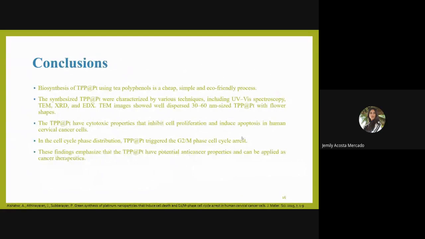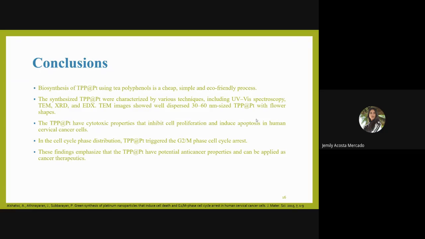So with this, we can conclude that the biosynthesis of the nanoparticle using polyphenol is a cheap, simple, and eco-friendly process. And fun fact, today is Earth Day, so it is nice to be talking about an article about green synthesis.